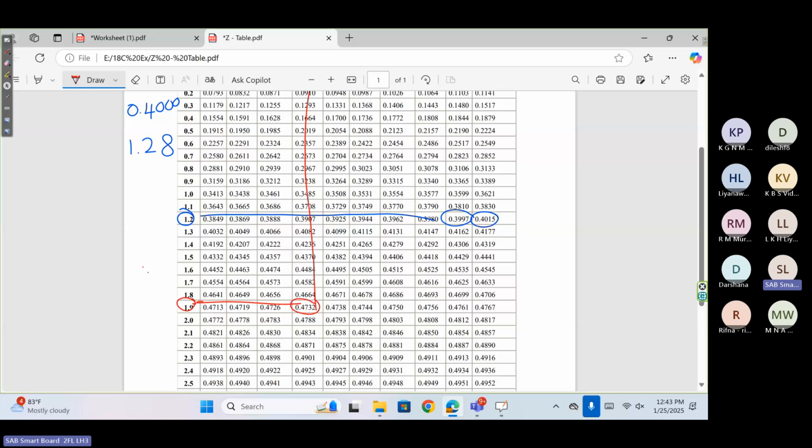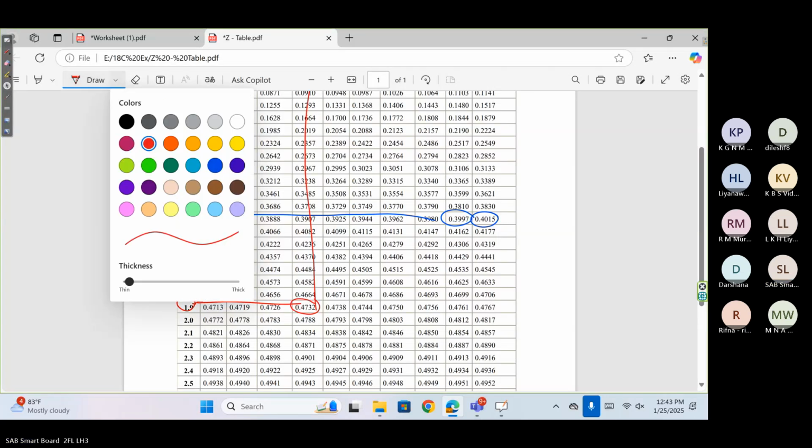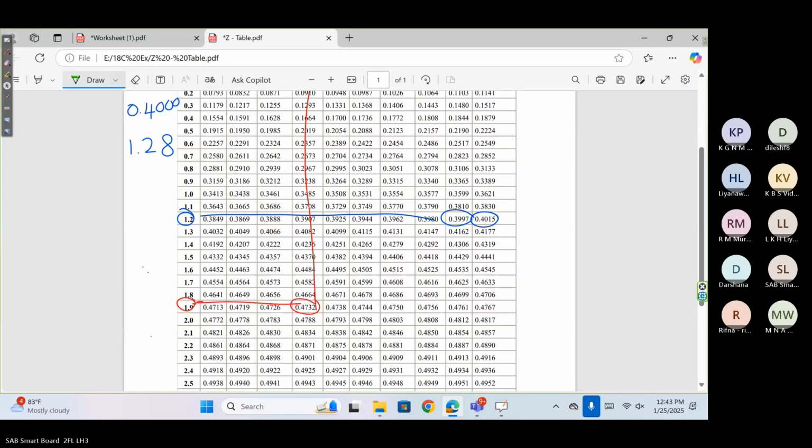There is no exact 0.4900. There is 0.4898 and 0.4901. 0.4900 is not there, but two values are there. Then which one do we select?